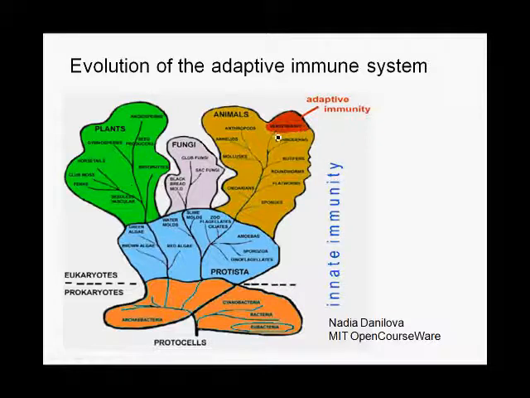And here on the one small branch of the animal tree, the jawed vertebrates, outlined in red, these are the only organisms that have the adaptive immune system. Neither bacteria nor archaea have anything like that, but all of these also contain innate immunity.